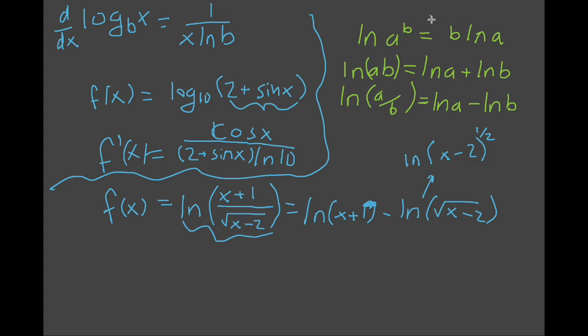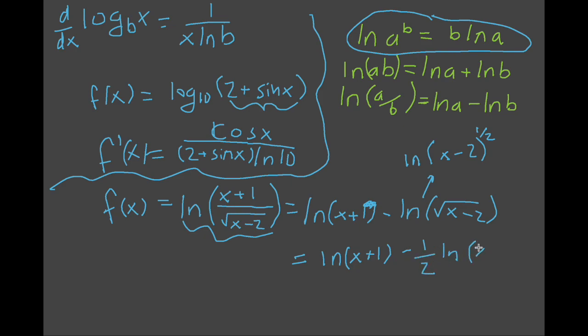Now, if you remember, by our first law, we can go ahead and pull that exponent out front. So once we've completely rewritten this whole thing, we'll have the natural log of (x plus 1) minus 1/2 the natural log of (x minus 2).